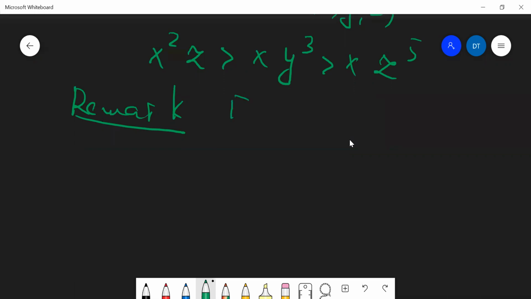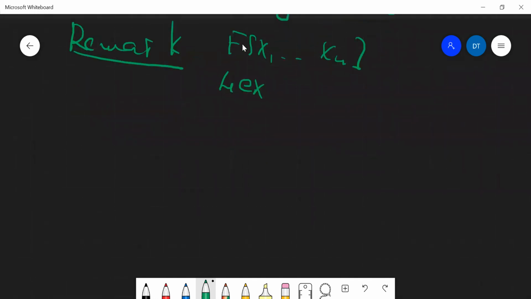Let's say we have this polynomial ring, and we're given some lexicographical order. We don't care about the ordering of the variables. I just take any ordering of the variables, and then I consider the corresponding lexicographical order with respect to this ordering of the variables. So here we have n factorial options.